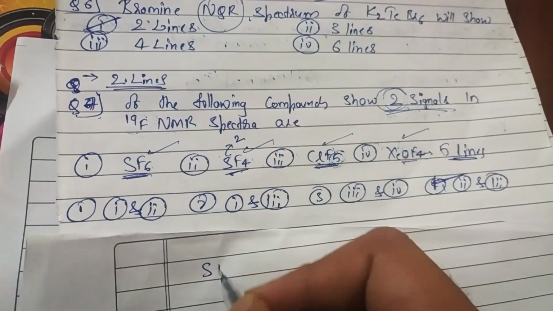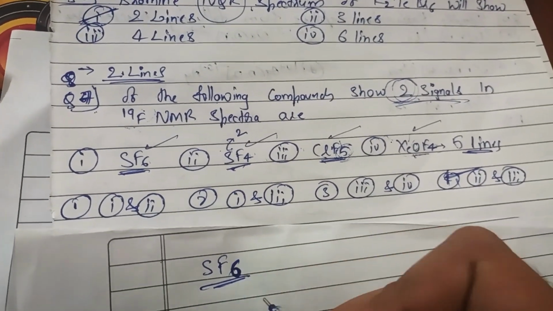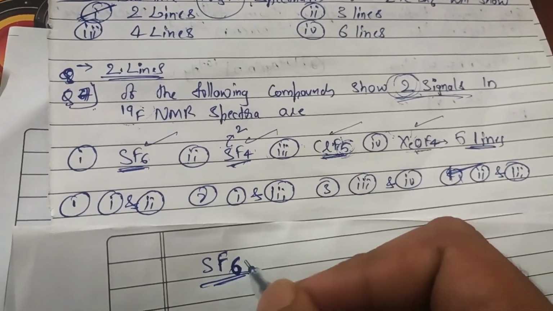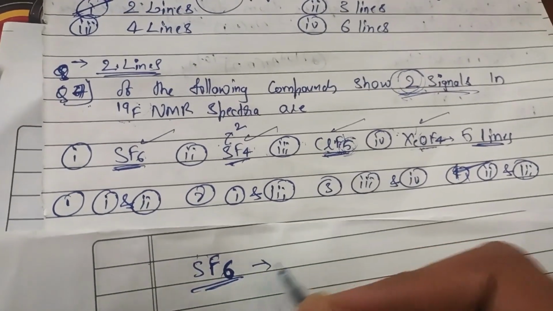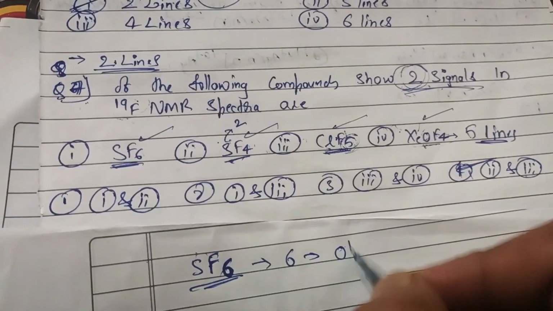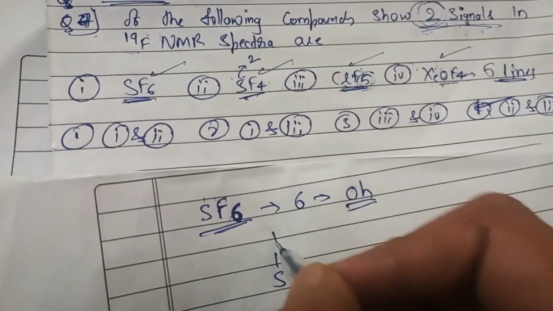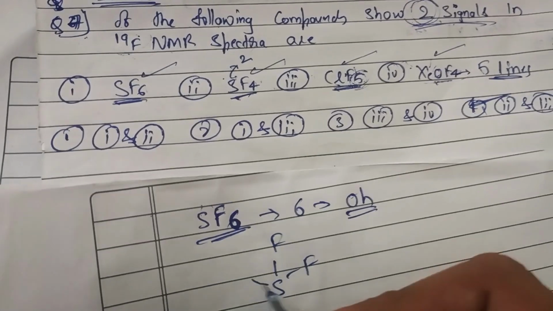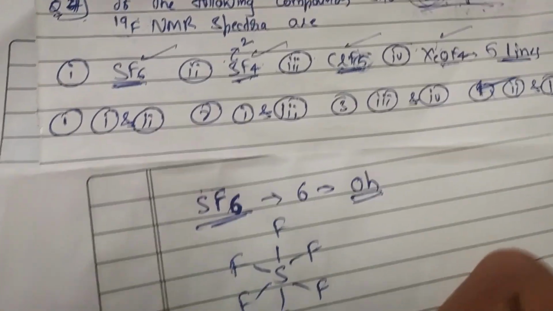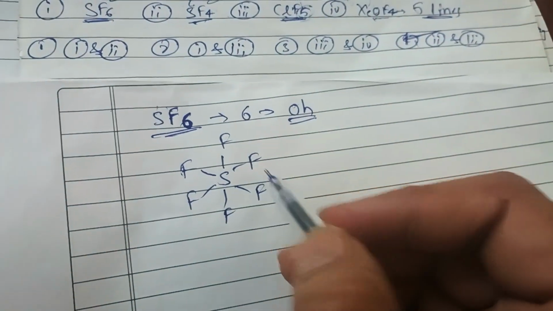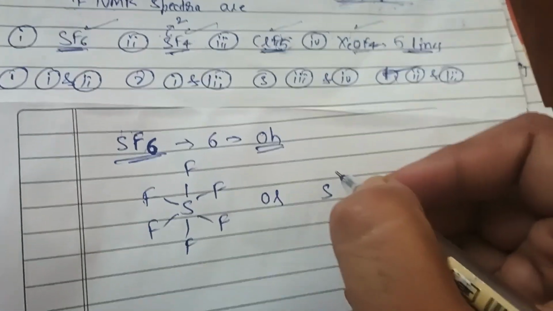First, SF6. We know that there are 6 fluorine atoms, 6 groups attached to sulfur, so that means octahedral. You can draw it like this also, or like this also.